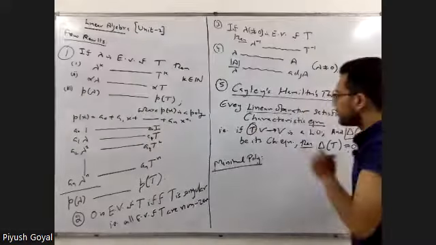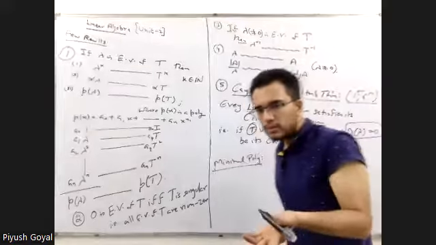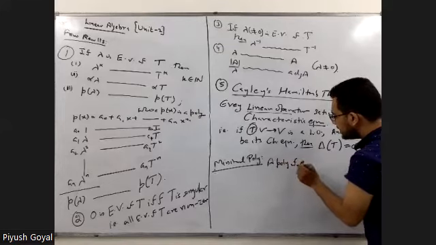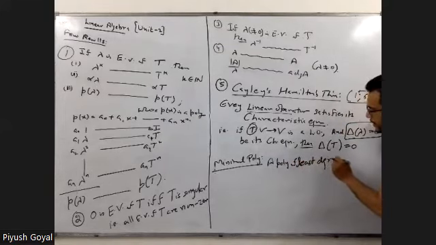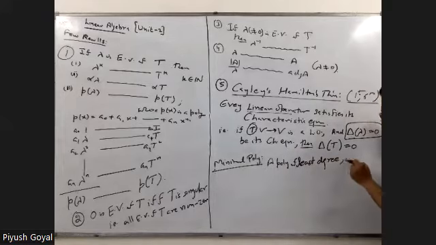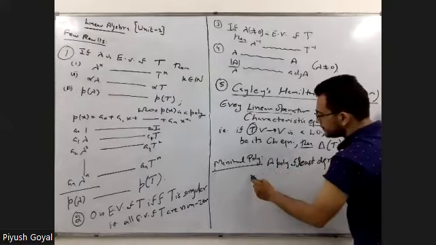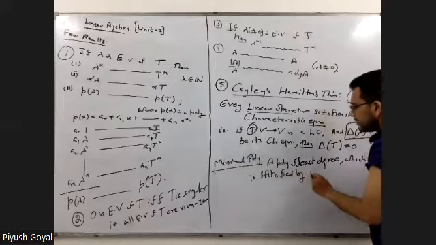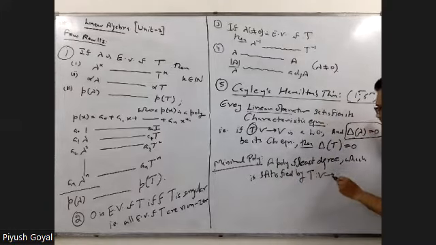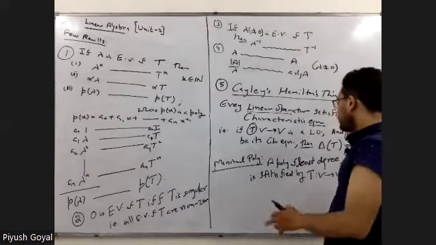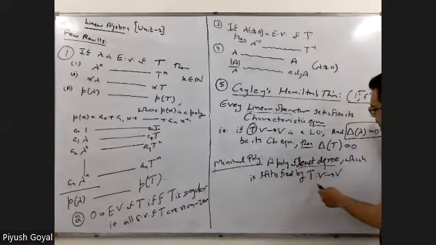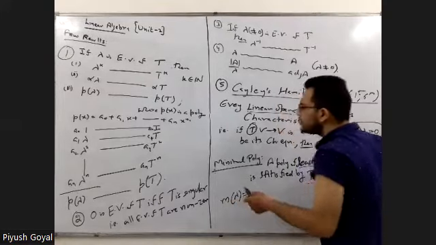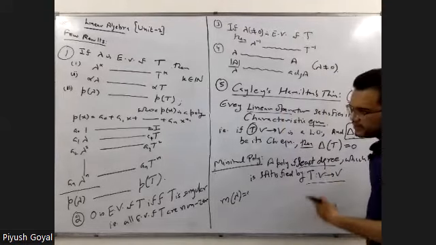Now what we want to do is find a polynomial of least degree which is satisfied by T from V to V. We represent it by m lambda equal to 0. If it is a polynomial equation, then it will be equal to 0, otherwise it is m lambda only.